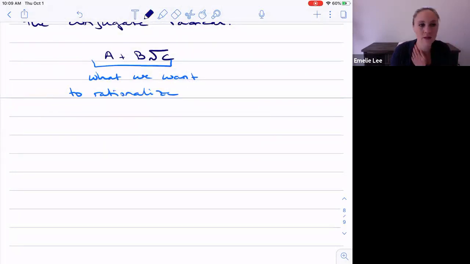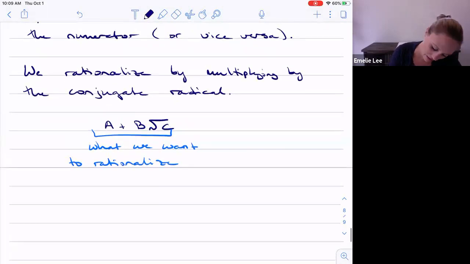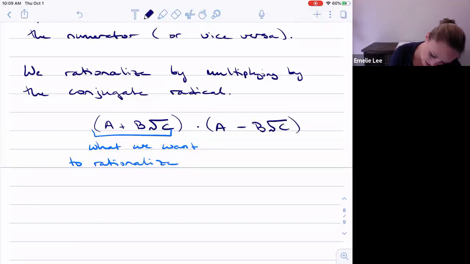Then the conjugate radical, we multiply by, so I'll put these in brackets just to emphasize that we're multiplying here. Then we multiply by a minus b root c, so everything stays the same except the sign here. This is the conjugate radical.